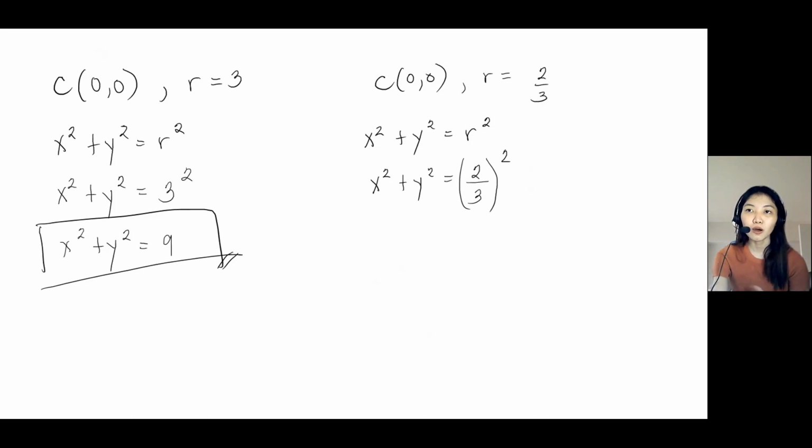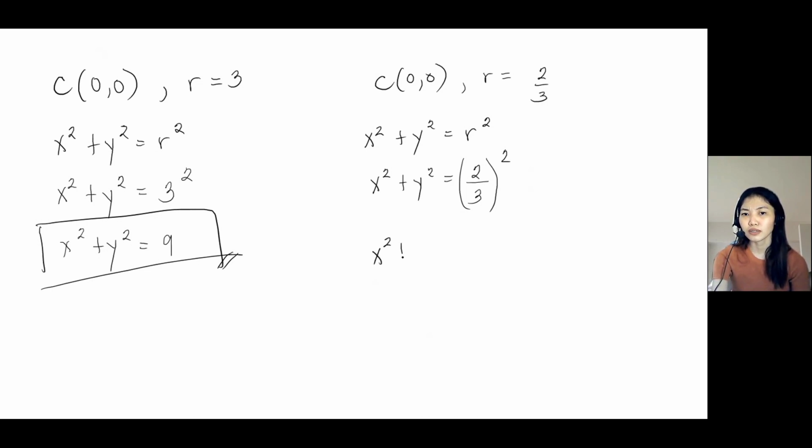So apply the law of exponent. If we have a fraction a over b raised to n, that is equal to a raised to n over b raised to n. It means that we have to distribute the exponent to both the numerator and the denominator. So 2 over 3 squared is equal to 2 squared over 3 squared.